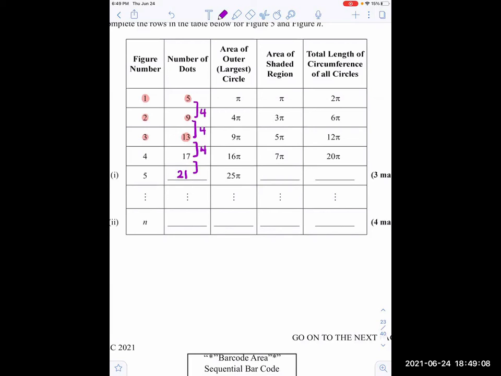So the formula Tn is equal to A plus D into n minus 1, where A is my first term, which is 5, and D is the common difference, which is 4. So 5 plus 4, open bracket, n minus 1.